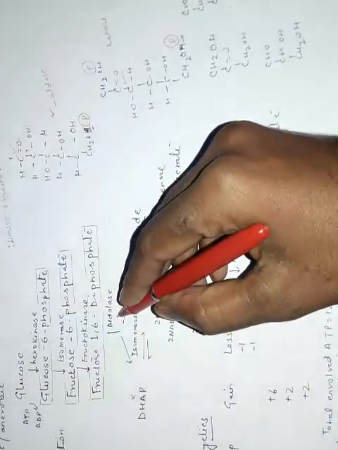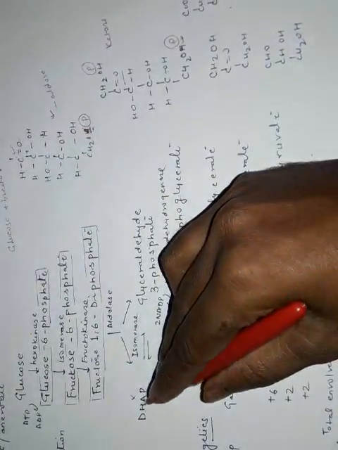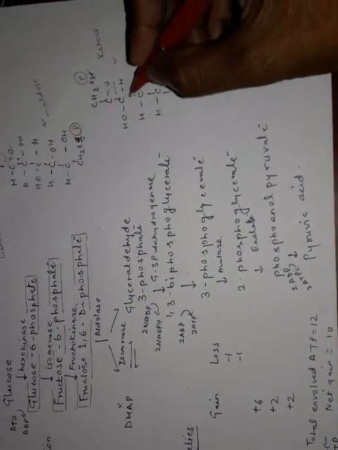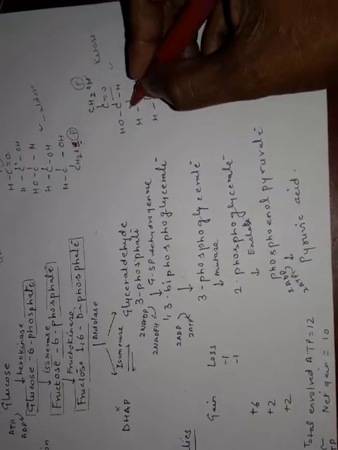Fructose 1,6-diphosphate is further converted to dihydroxyacetone phosphate and glyceraldehyde 3-phosphate. This is the structure of fructose 1,6-diphosphate, which converts to this one.